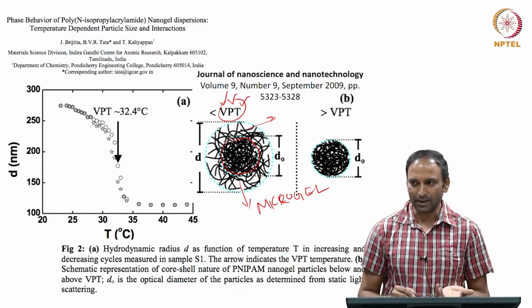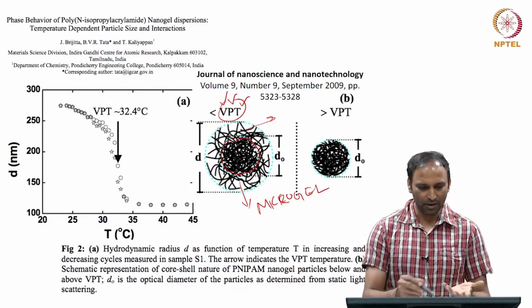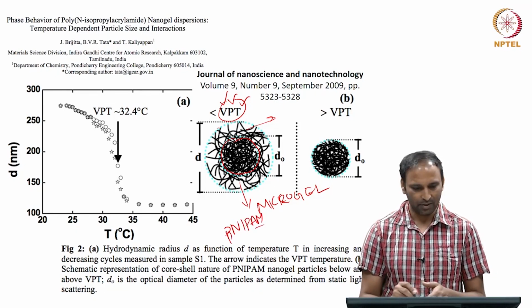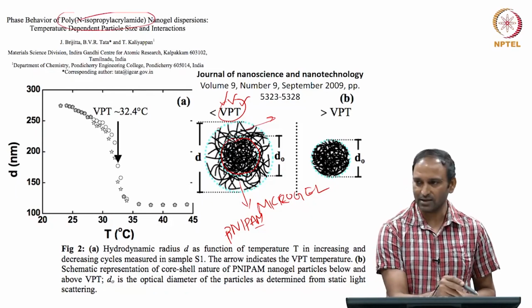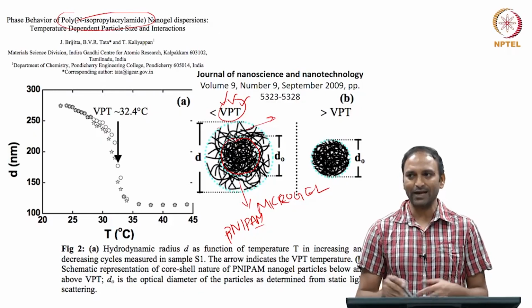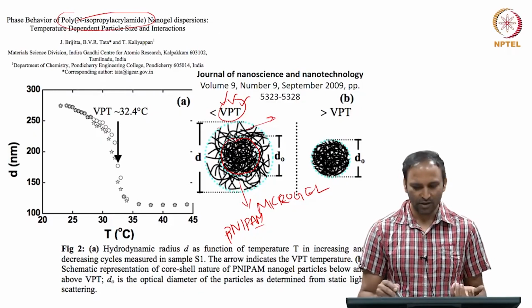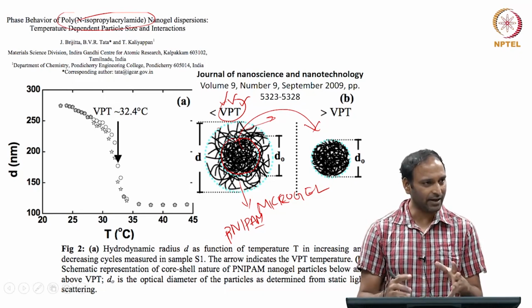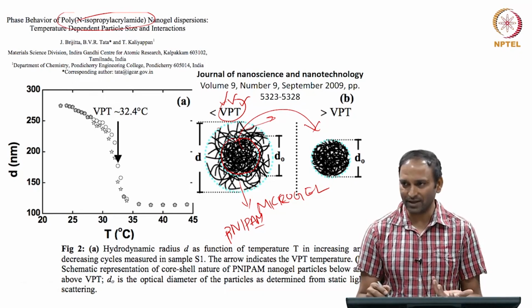Such particles, a particular class of such particles called PNIPAM, poly-N-isopropylacrylamide, which stands for something like this. If you put these particles in water and heat them up, if you subject them to temperature change, they have a transition going from an expanded state to more like a collapsed state.